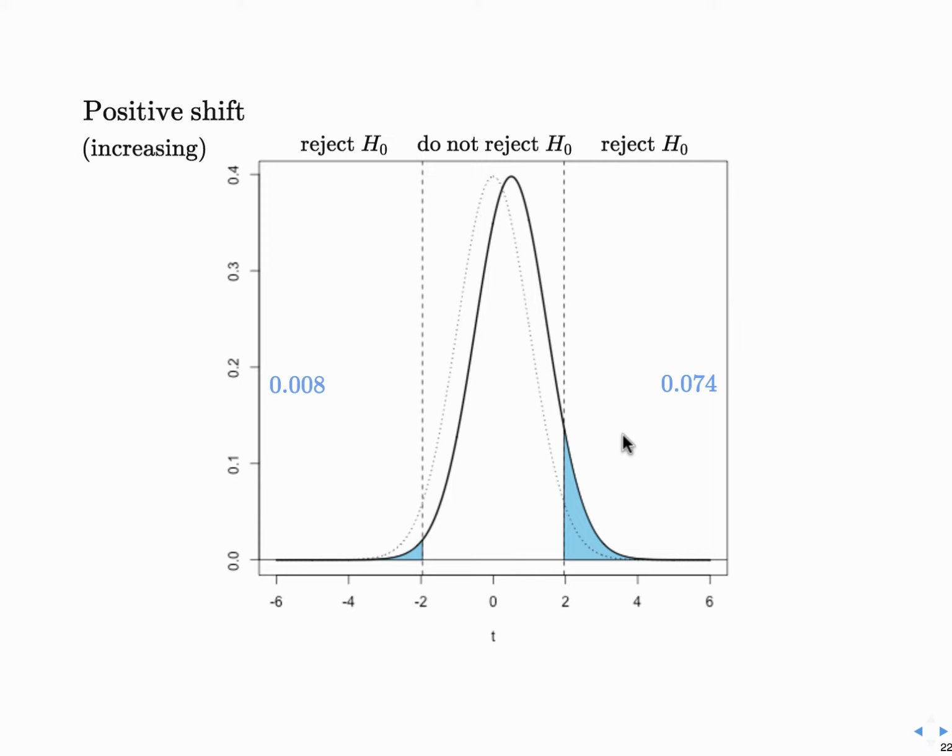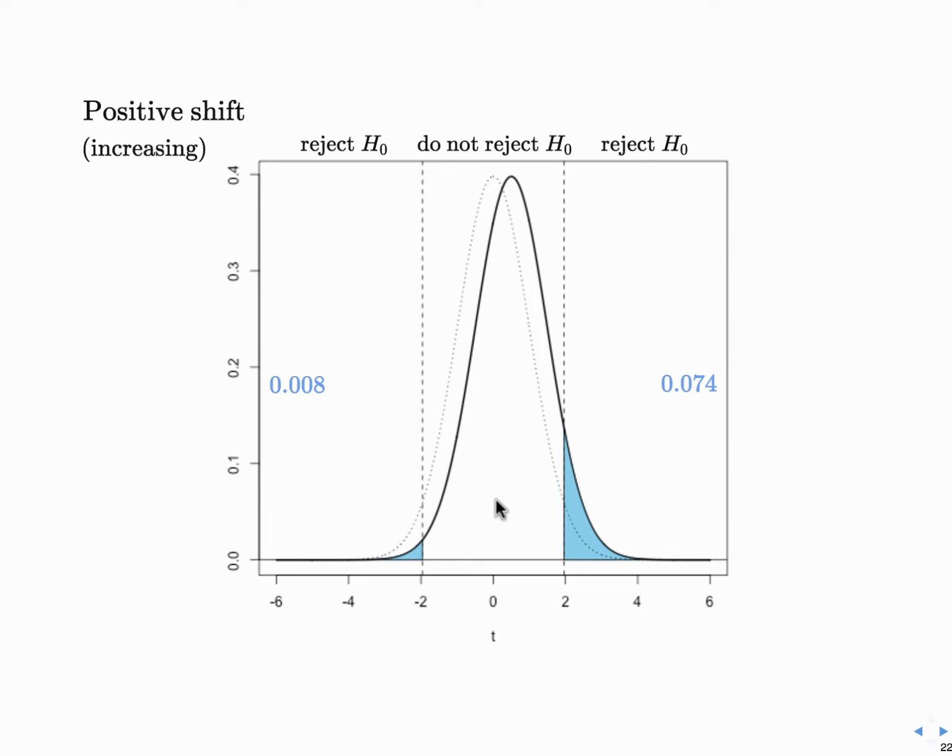And that would be the power of the t-test for this particular magnitude of shift, 0.082. So the probability of rejecting the null hypothesis when the null hypothesis is now false would be 0.082, or 8.2%. Which is not very high, right? So the probability of making a type 2 error here would be all of this remaining probability, 91.2% I guess, falling in here.